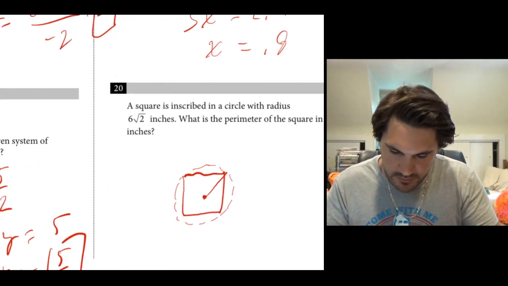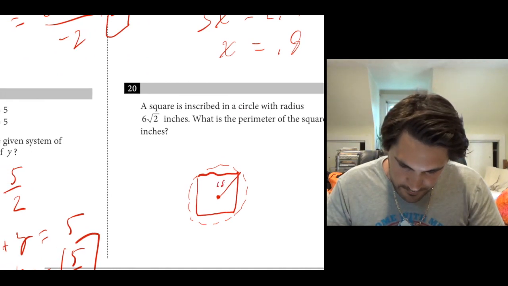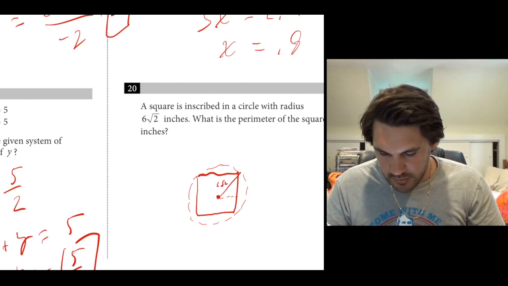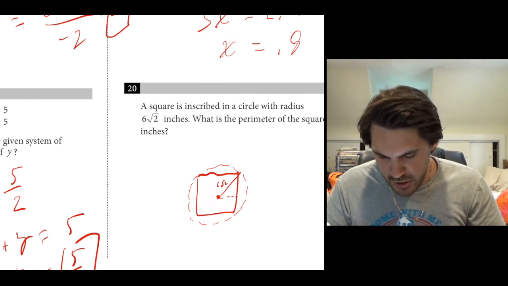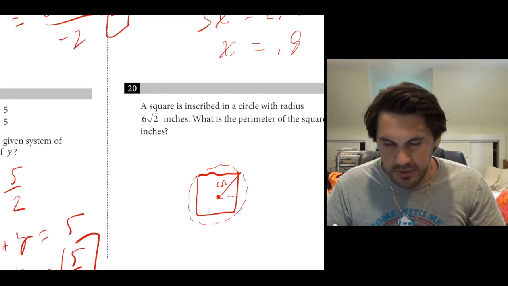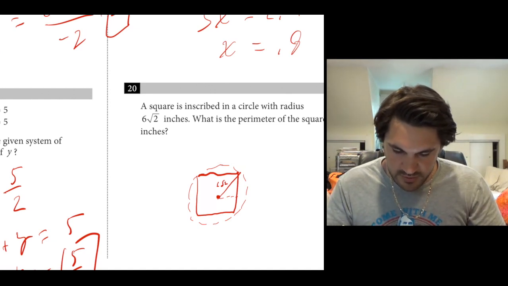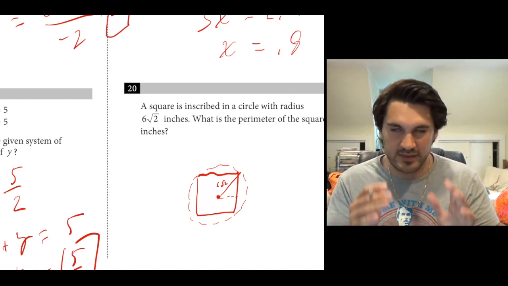Let's zoom in a little bit. Let's just draw a line over here. So if that's 6 root 2, what do we know? Well, we know that this would be a 45, 45, 90 triangle. We know this because if it's a square, all the sides are equal, right?